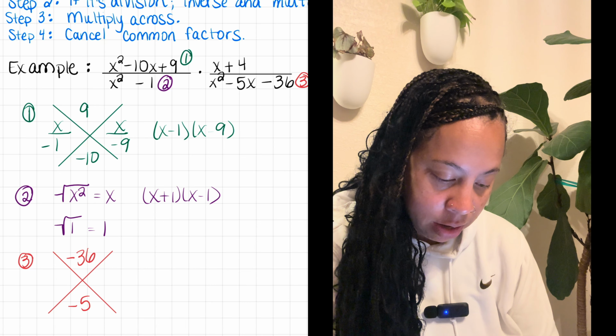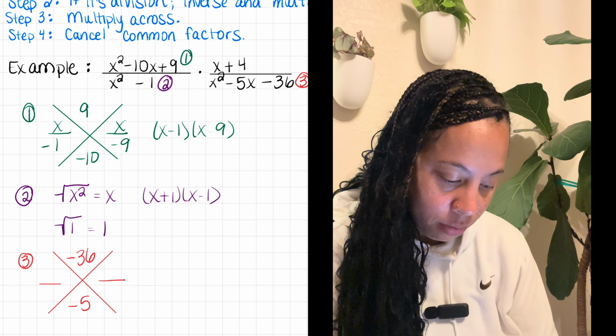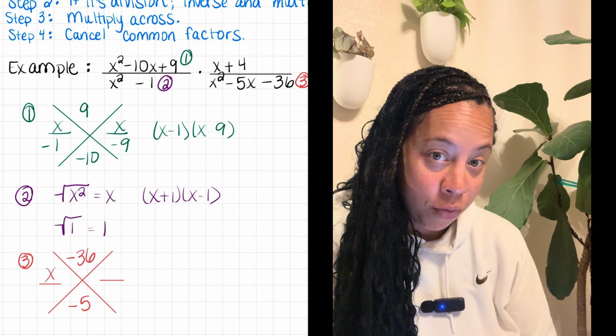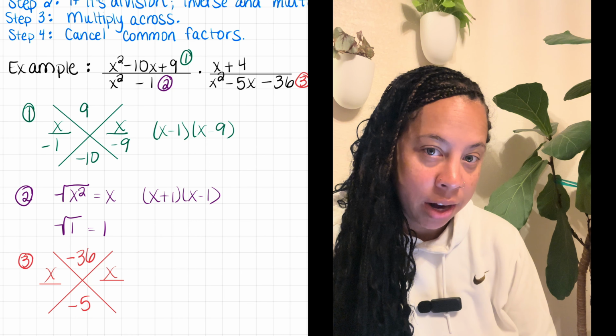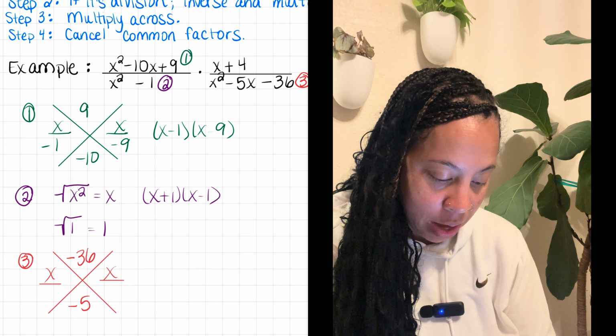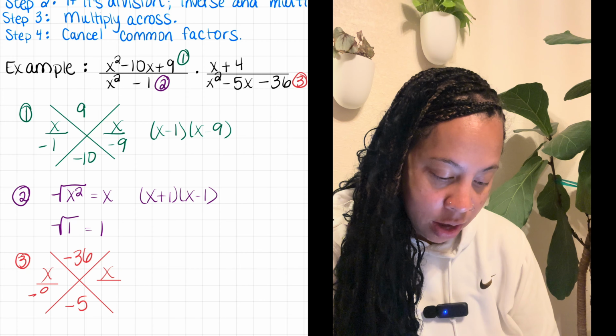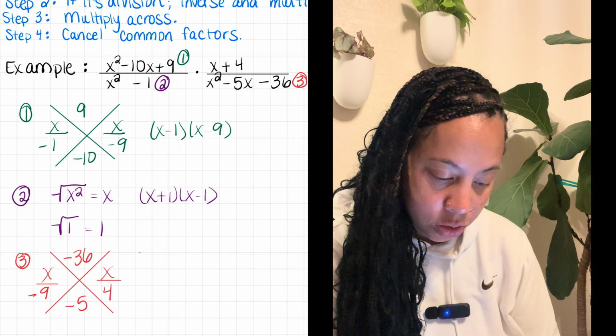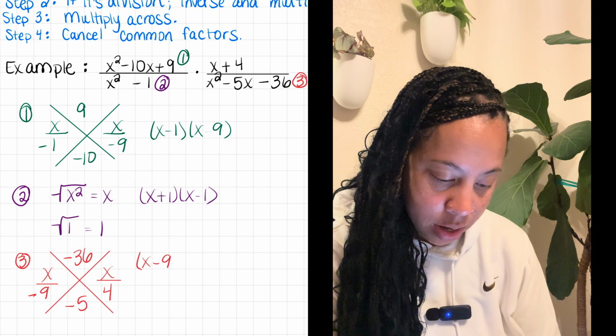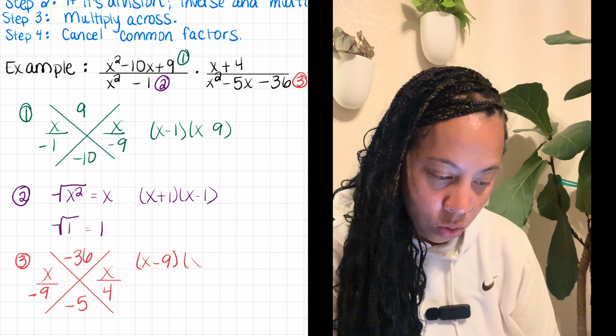And then we have a times x on top. Now I know 9 and 4 multiply to get 36, and the difference between 9 and 4 is 5. So if I just make the 9 negative and the 4 positive, that's going to give me a negative 5. So we got x minus 9 and x plus 4.